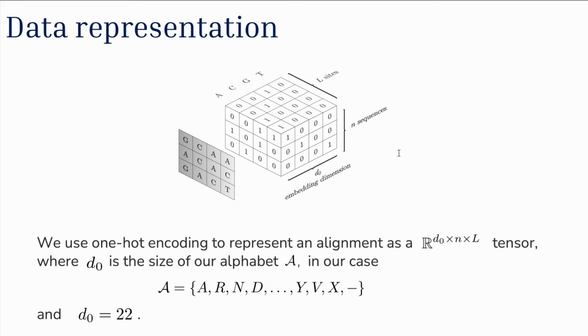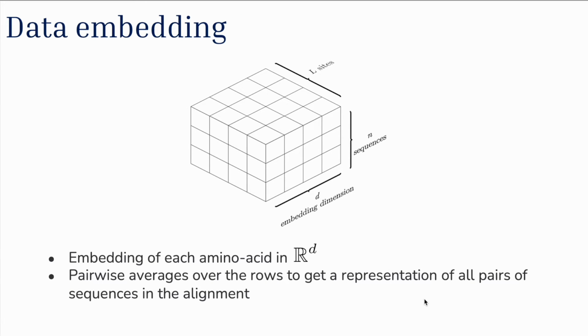Here, for ease of visualization, I've used a nucleotide alphabet with only 4 characters, but actually we're working with protein sequences, so our alphabet will contain 22 characters, 1 for each amino acid, 1 for an unspecified amino acid, and 1 for a gap. Subsequently, we embed each of these vector representations of amino acids into a higher dimensional space, applying to each of them the same linear transformation followed by a nonlinearity.